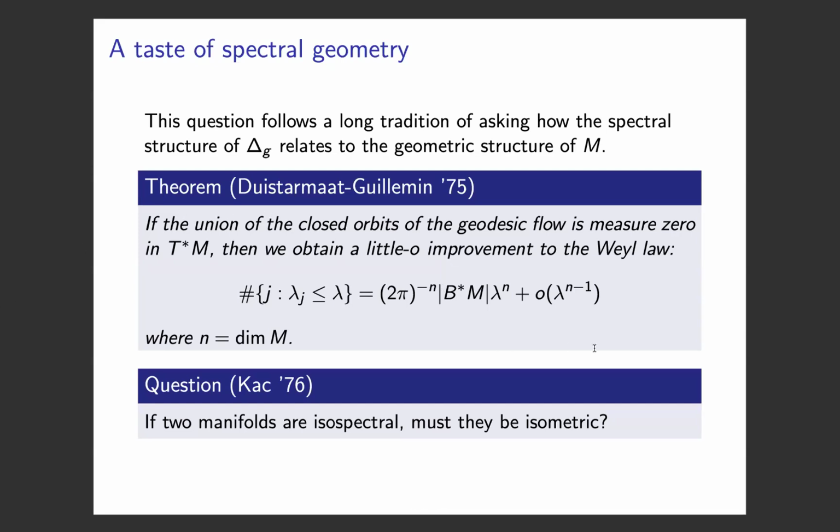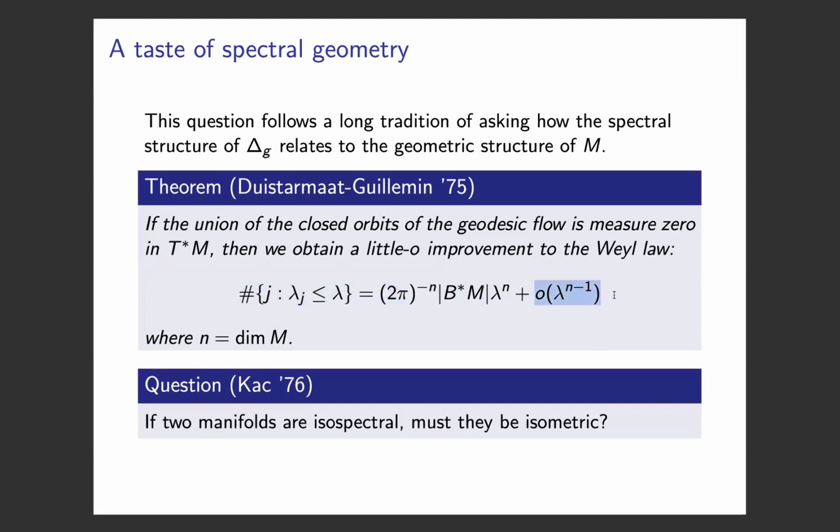The first I want to present is by Duistermaat and Guillemin, and I'll just tell you about it. If the closed orbits of the geodesic flow on the cotangent bundle of your manifold are sufficiently sparse, measure 0, then the Weyl law enjoys this improvement, which estimates the number of eigenvalues less than or equal to some threshold. You have a main term, you have a remainder term.